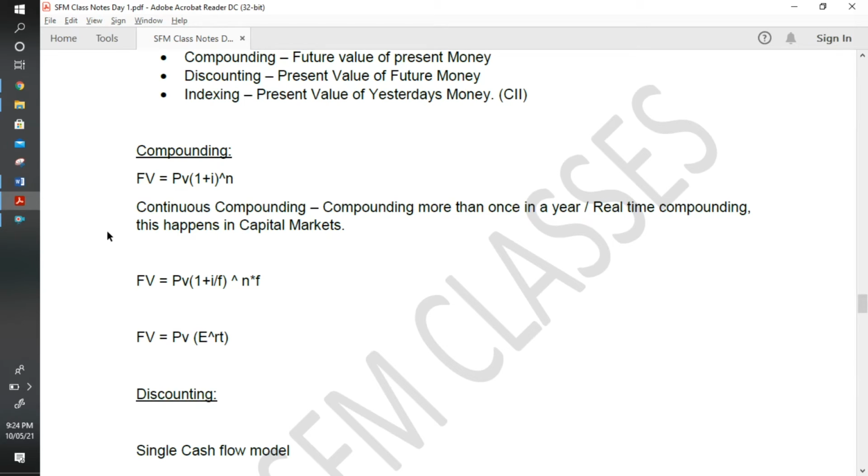So there is one formula which is used to calculate the future value of present money, which is compounding. That will be future value equals present value multiplied by (1 plus i) to the power of n. N specifically means the number of years of compounding. Next, I'll give you a formula for discounting.